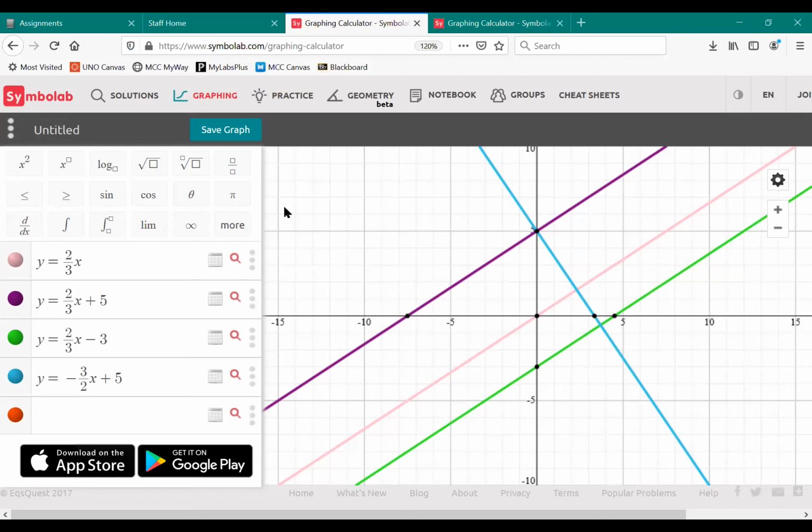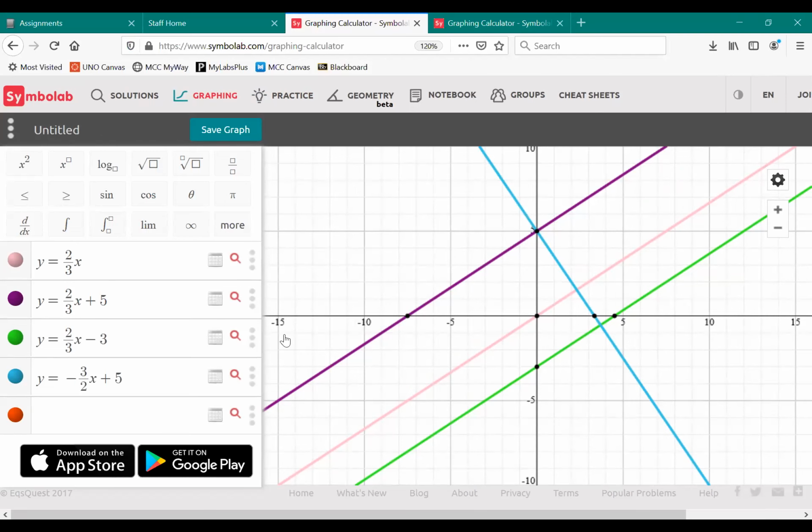So here are the equations that we're looking at. Y equals 2/3 x, y equals 2/3 x plus 5, y equals 2/3 x minus 3. Those are the first 3. So the 2/3 x, that's the mx part of your equation, y equals mx plus b. So these first 3 lines that are graphed all have the same slope of 2/3.